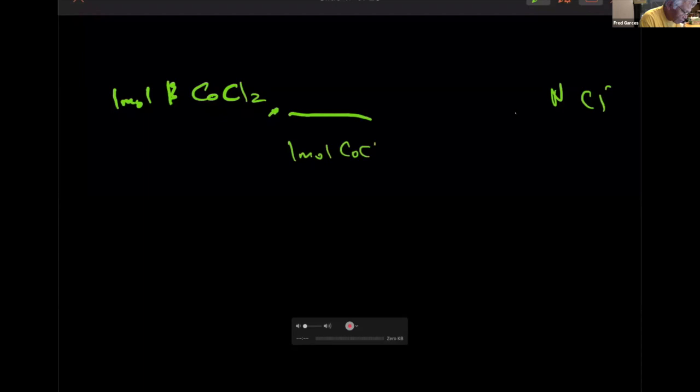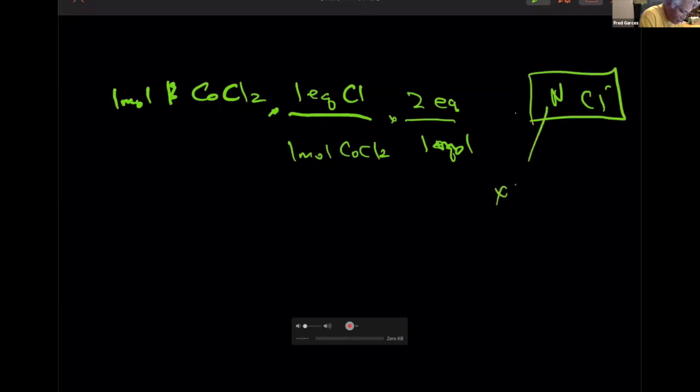But then you also need to remember that if it's with respect to chlorine, for 1 mole of COCl2, and we're trying to figure out the normality with respect to chlorine, then you have 2 equivalents here. Therefore, you need to multiply your normality by 2 in order to take care of the fact that you have 2 chlorines.